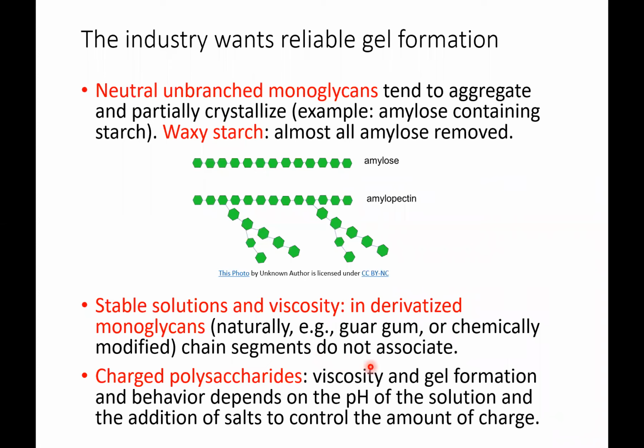Charged polysaccharides, viscosity and gel formation, as we said, depend on the pH and the salts to control. But sometimes this might be easier for the industry, to have a charge, know that it will gel exactly at pH 3 or 4, and with a certain amount of salts, we will get a specific viscosity. So the industry is always looking for something reliable they can count on.